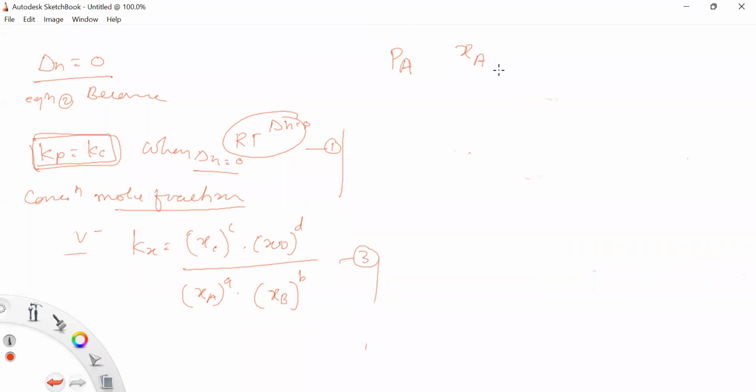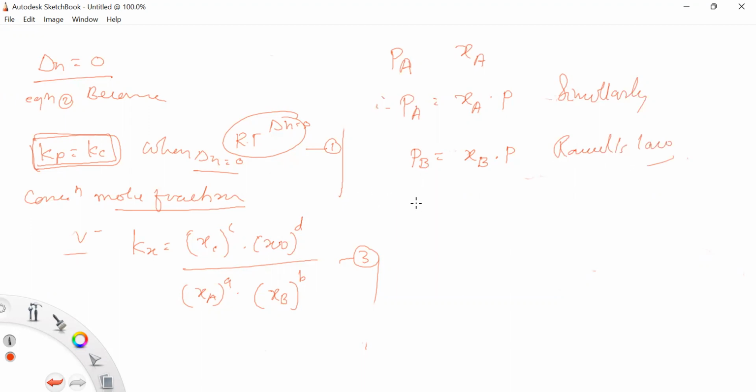Therefore PA is equal to XA into P. Similarly, we can write PB, the partial pressure of reactant B, in terms of its mole fraction and the total pressure P. So this is Raoult's law.